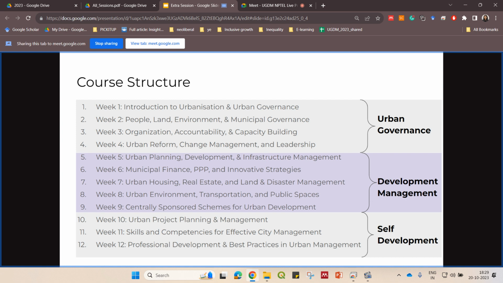Next section is development management, that is from week 5 to week 9. So in week 5, you would have studied urban planning, development and infrastructure management. In this, you would have largely focused on the urban planning function in the urban governance sphere.